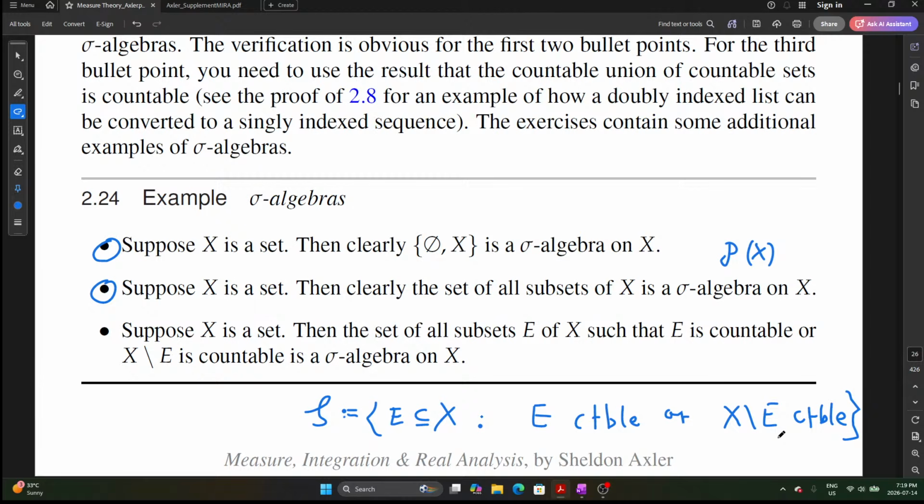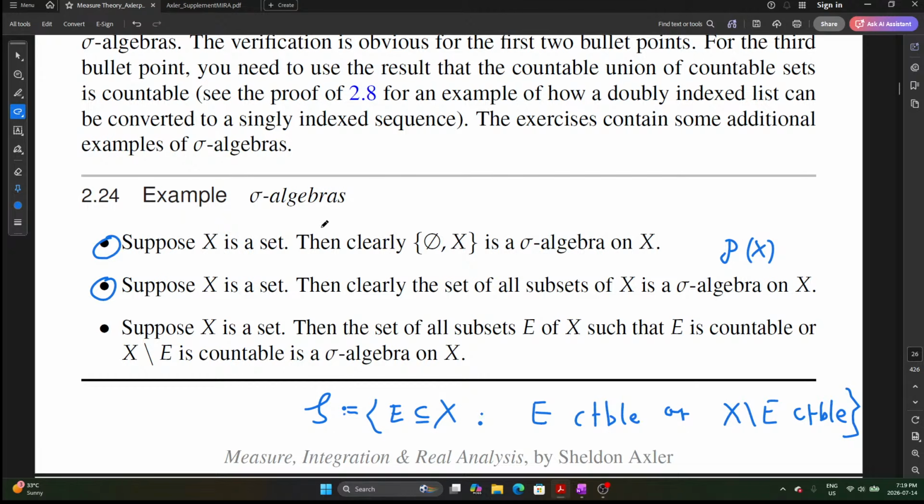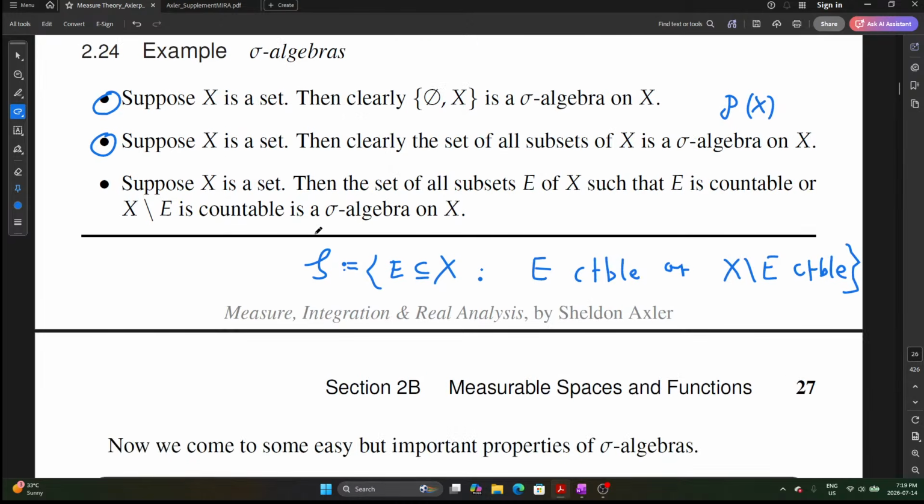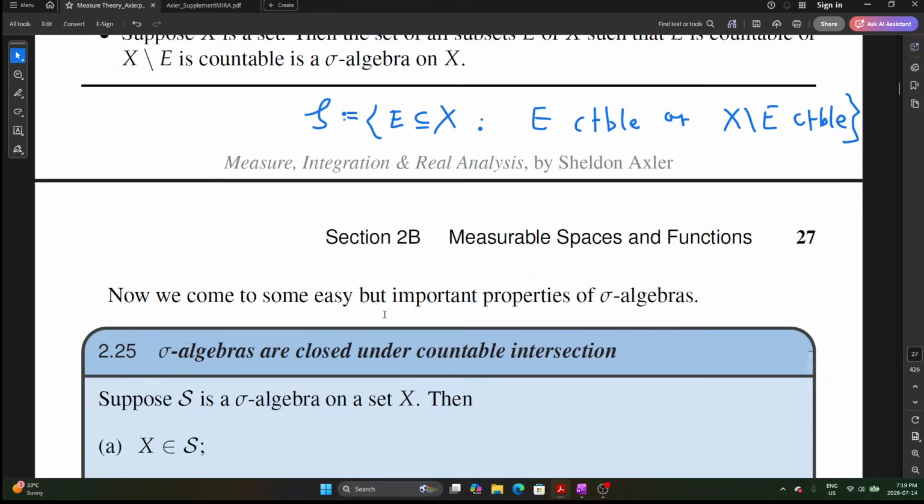So that's the third one. Proving this is a little bit less trivial. It's not that difficult, but proving this is a little bit less trivial than the first two. So these are the examples of sigma algebras. Let's continue.